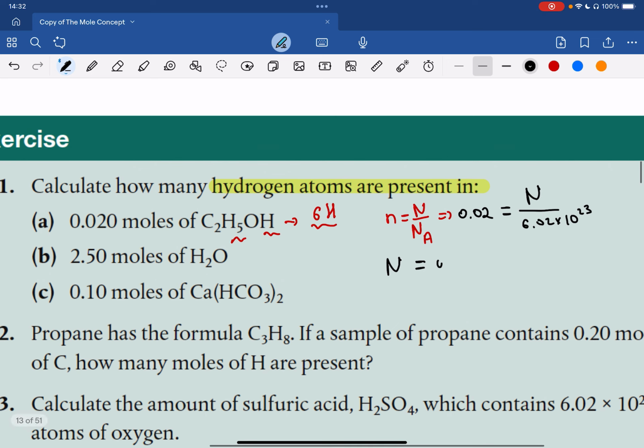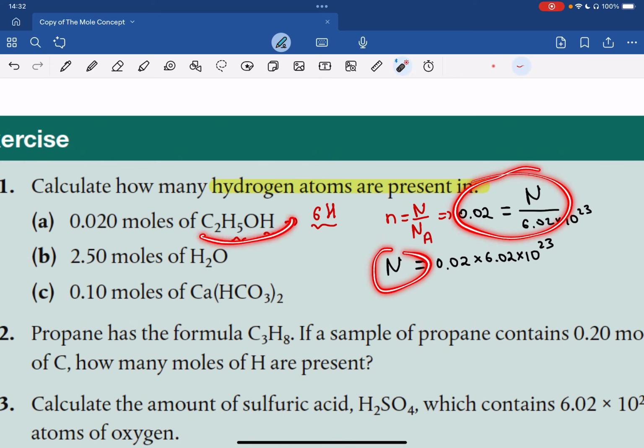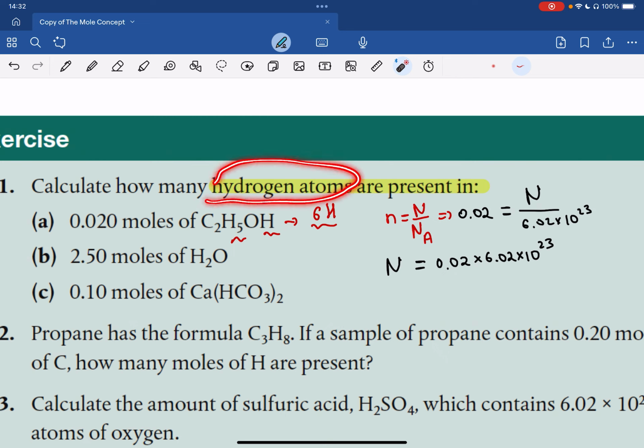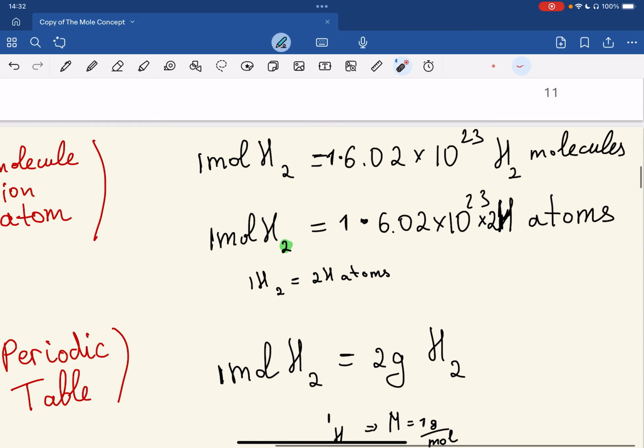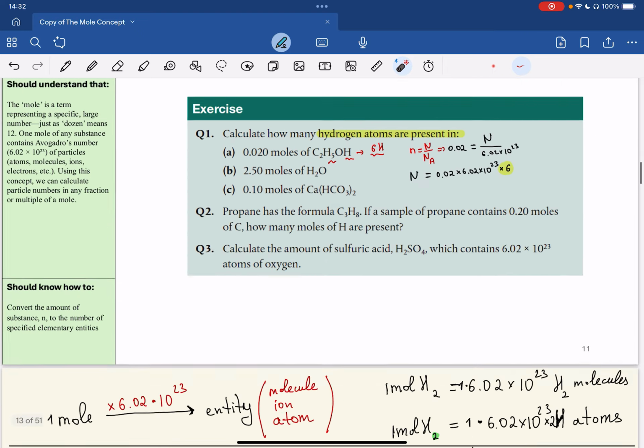It will be 0.02 times 6.02 times 10 to the power 23. But as it's asking for specific hydrogen atoms, we have to multiply by 6 at the end, as we did in this example. You see, it was asking for hydrogen atoms, so I included this superscript.